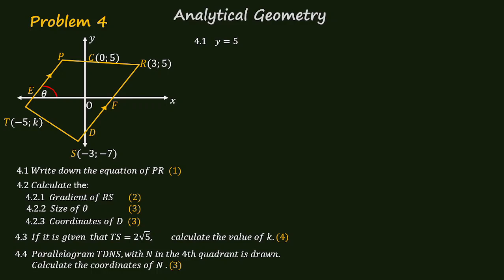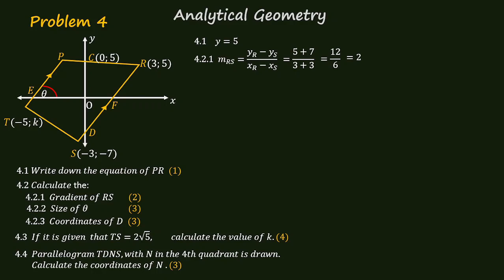Let's look at 4.2. Here we are required to calculate the gradient of RS. To find the gradient of RS, we know that it will be the change in y over the change in x. So the gradient of RS will be 2. And in 4.2.2, we are required to calculate the size of theta. Theta is the angle of inclination of the straight line TP.